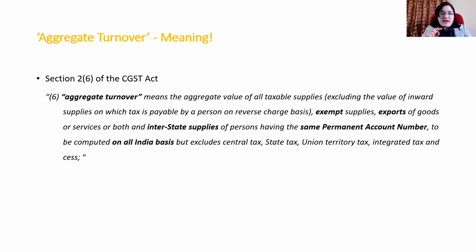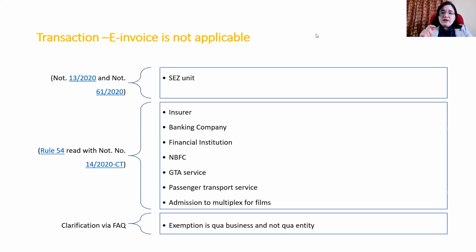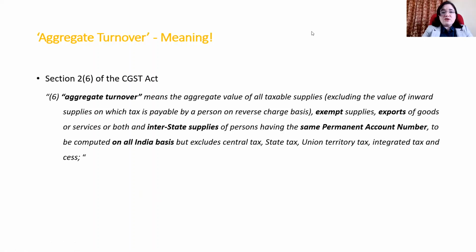Aggregate turnover includes the exempt supply. So even if you are supplying exempt goods and some taxable goods, for the purpose of computing whether your entity or company has crossed the 100 crore, you have to include the exempt supply.